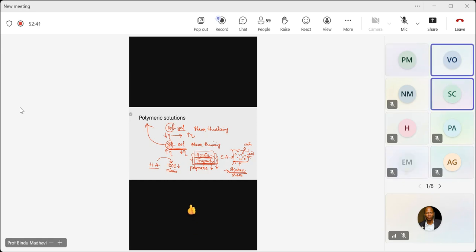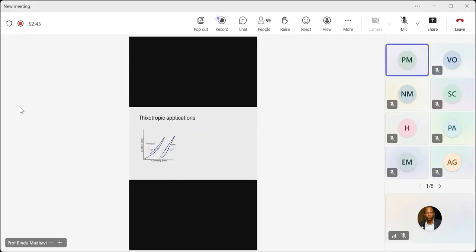Yes. Clear. Then the thixotropic applications. Just to revise, what do you mean by thixotropy? We can see when the plastic system is starting with a curve and a straight line, it is going up in this direction. The moment we stop shearing, it is coming back by slightly moving to the left.